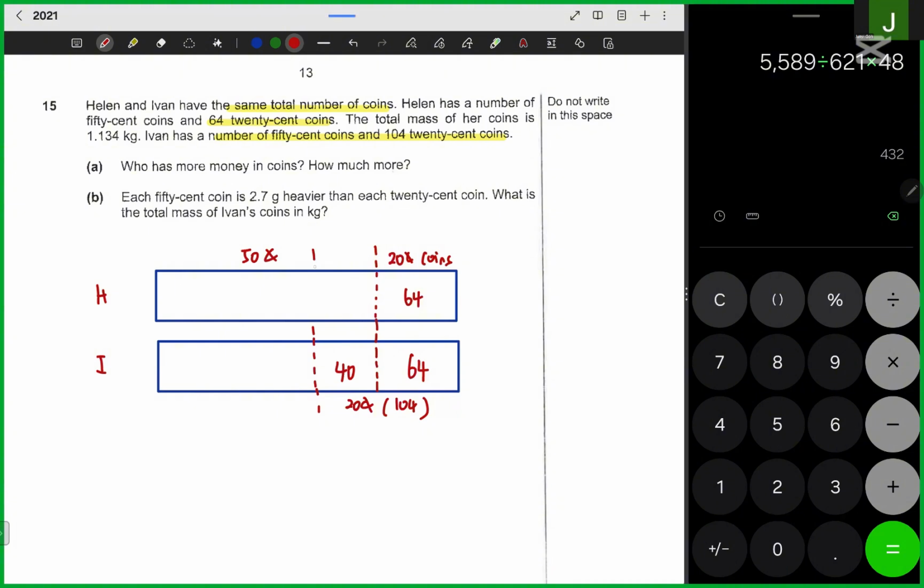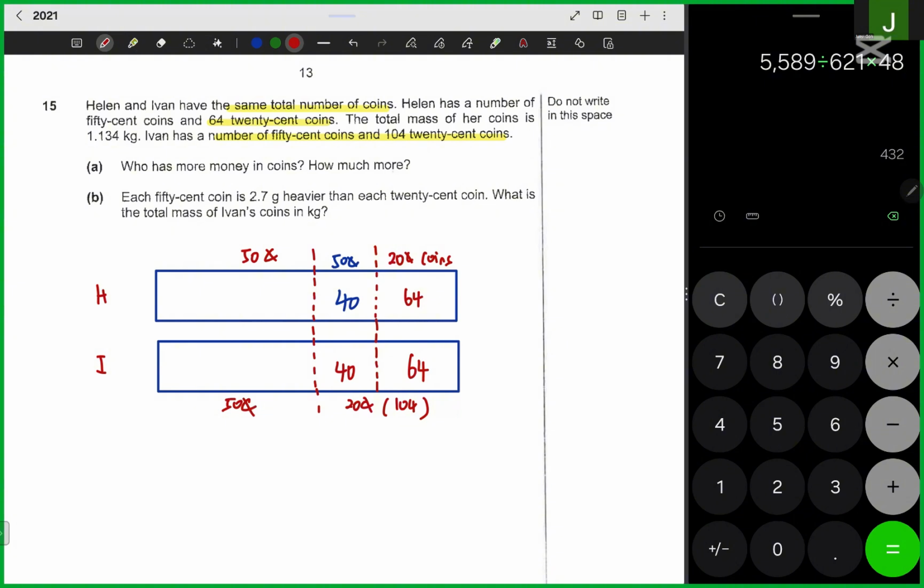Now, in the idea of comparison, that means here must also be 40. But these 40s are 50-cent coins. Then for Ivan, this part is 50-cent coins.